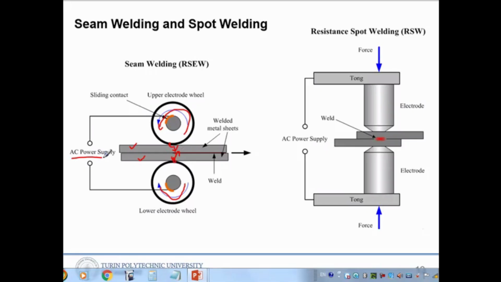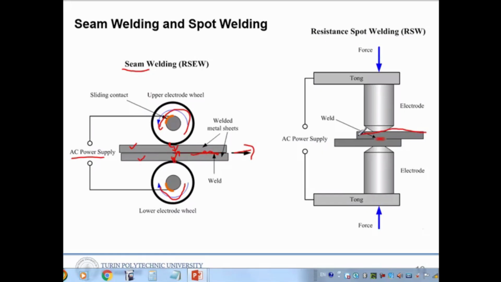So we are using AC power to create the energy, and that will be welded. We are moving to this side, or it will be rotated, making a kind of welding seam. So that is seam welding.